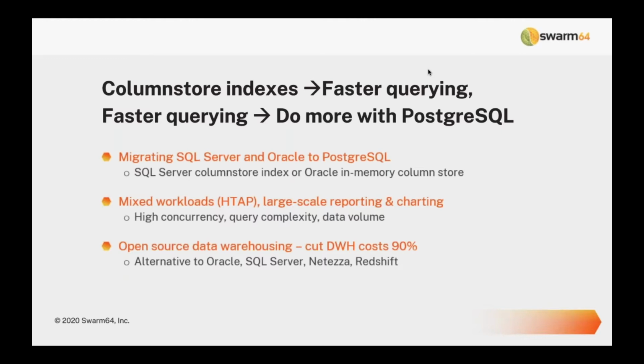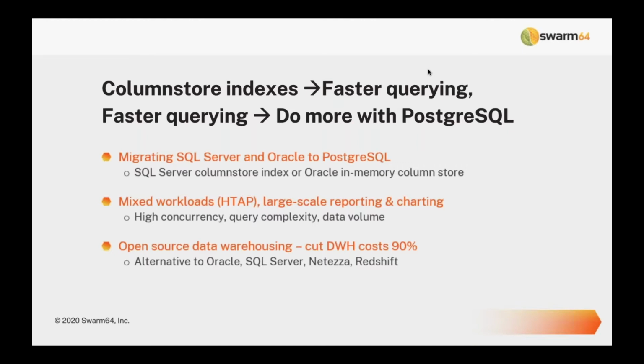Okay, so a quick primer on columnar storage. I'll go through the different ways it's implemented in different databases in a moment, but generally it's going to provide much faster query performance. And with faster query performance, Postgres users can do more with Postgres, mainly migrating projects from Oracle or SQL Server that use, say, Oracle's in-memory column store feature or SQL Server's column store indexing feature.